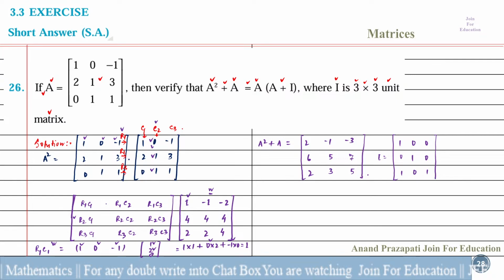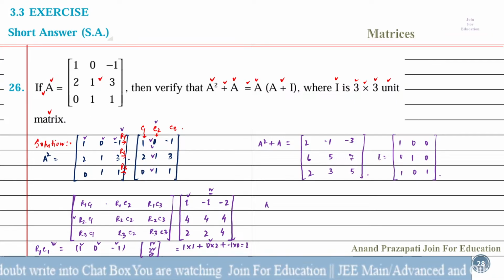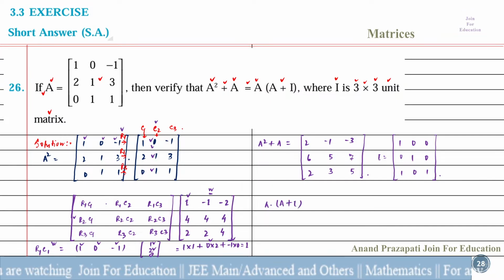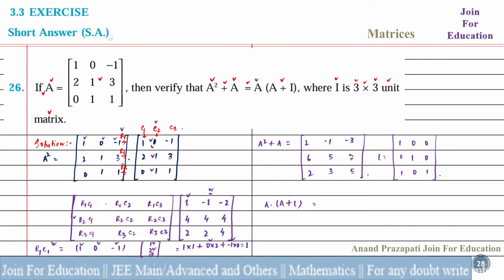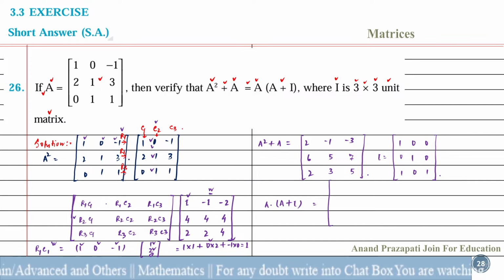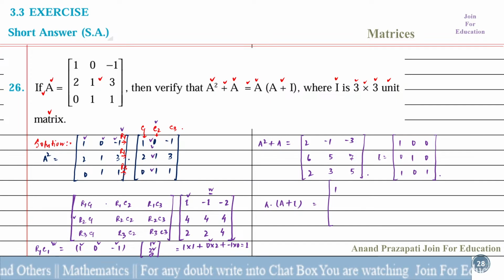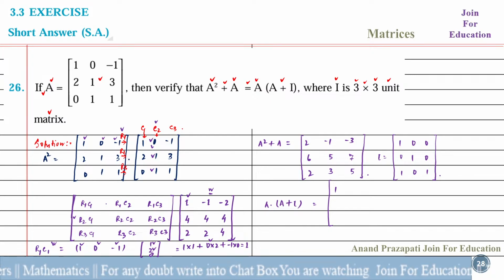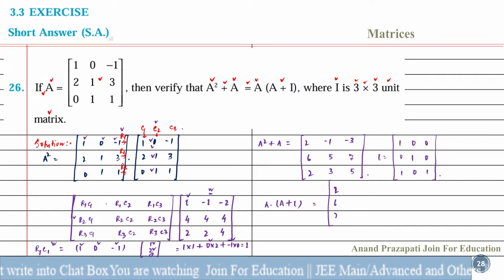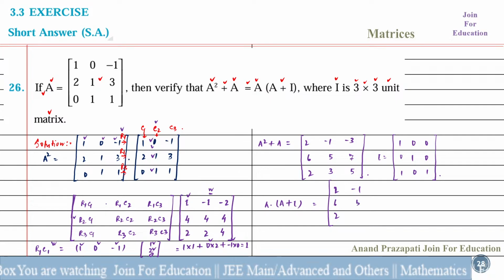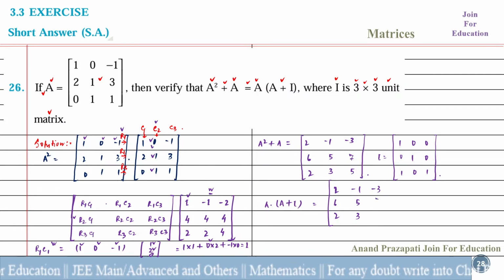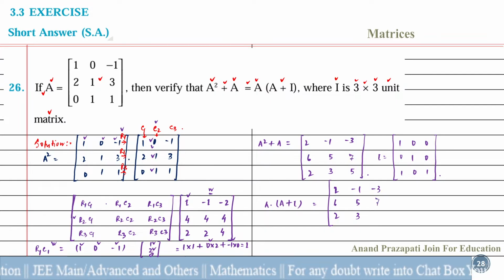So here will be A into A plus I. After the proper multiplication we get here 2, 6, 2, and minus 1, 5, 3, and minus 3, 7, and 5.